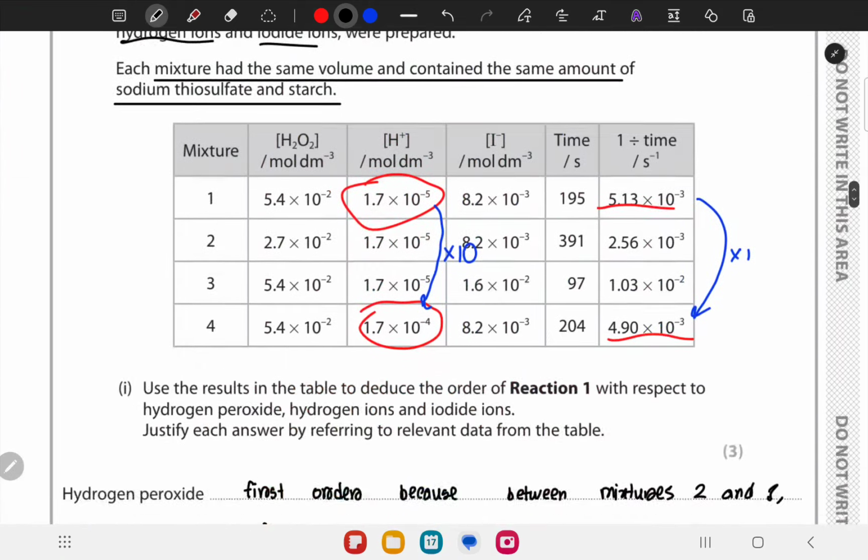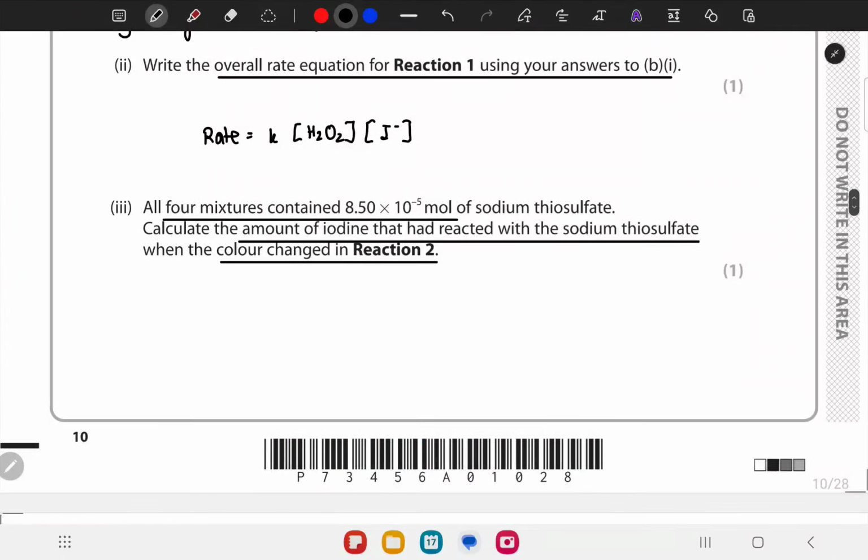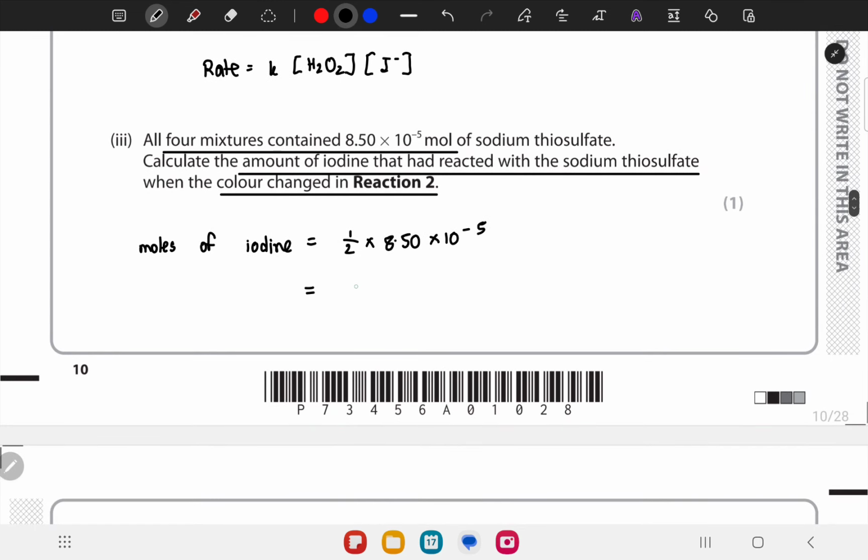So the amount of iodine reacted would be half of this. So moles of iodine will be half of 8.50 × 10^-5, which would be 4.25 × 10^-5 moles.